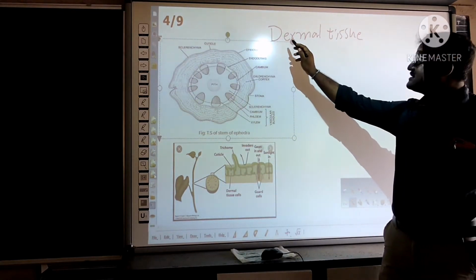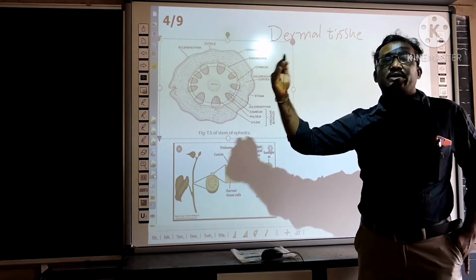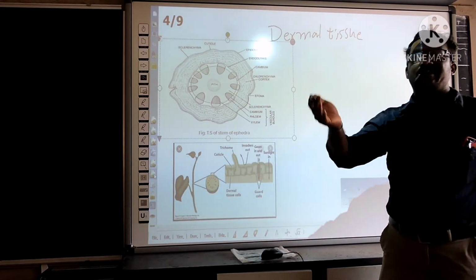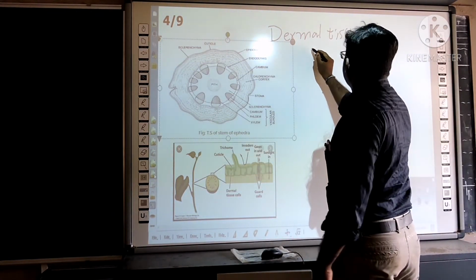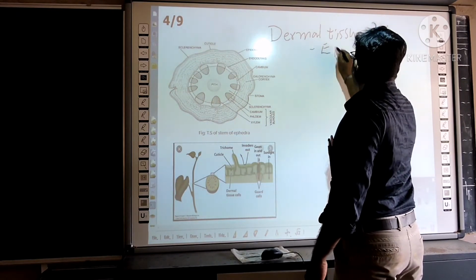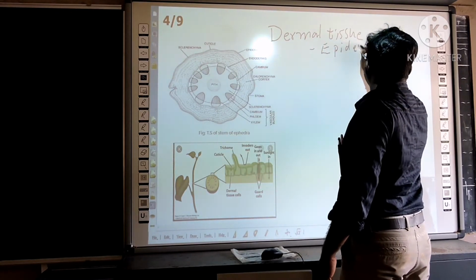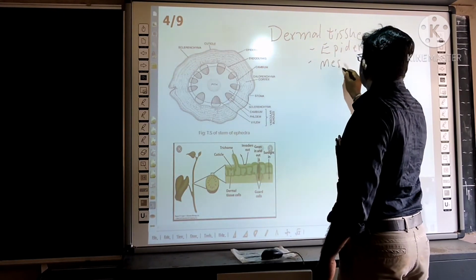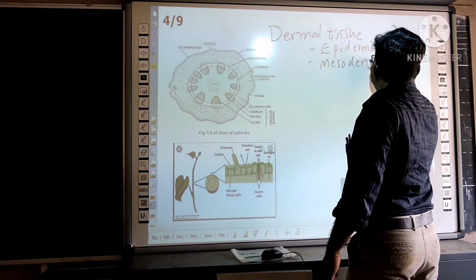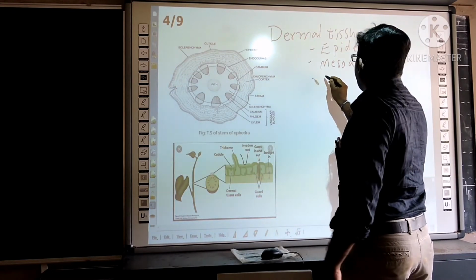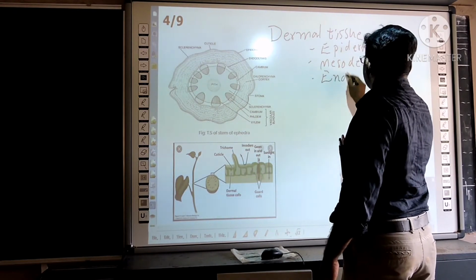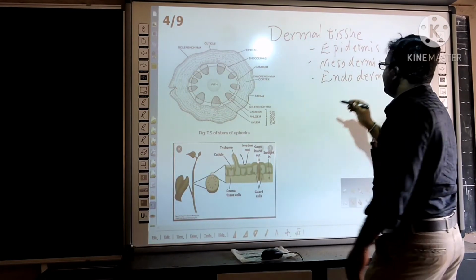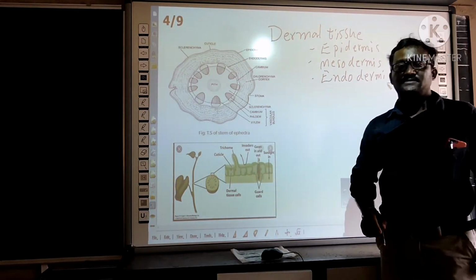So based on their location, the dermal tissue is of three types: the epidermis, mesodermis, and endodermis.